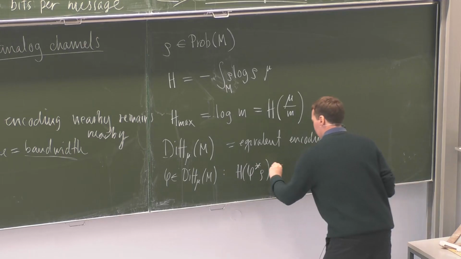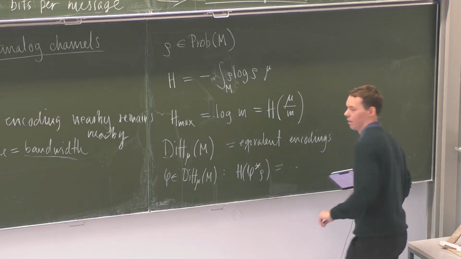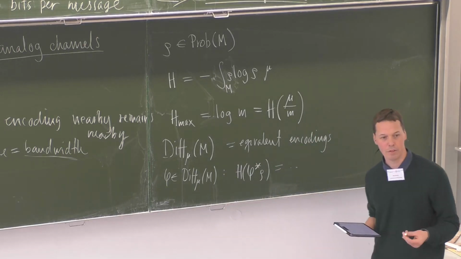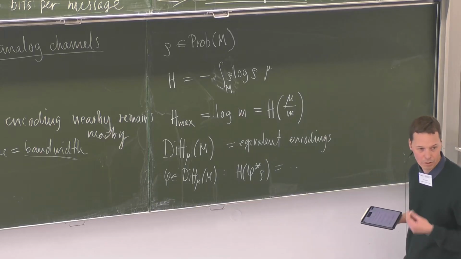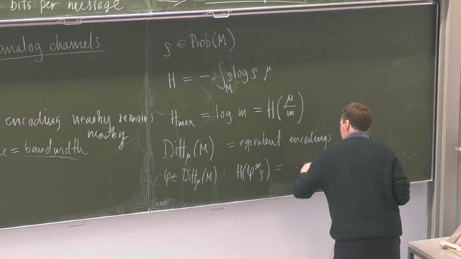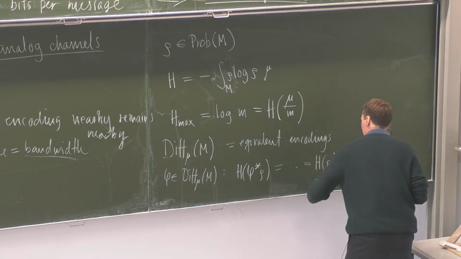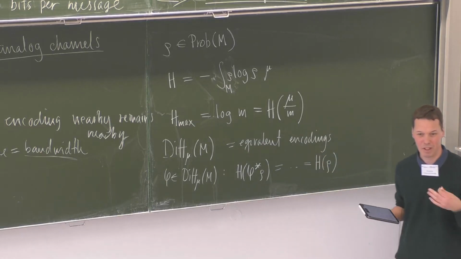Then it's a little calculation, a change of variables, and using the fact that the volume form is preserved, you see that this is exactly just h of rho. In that sense, it has the same entropy, so I haven't changed anything.